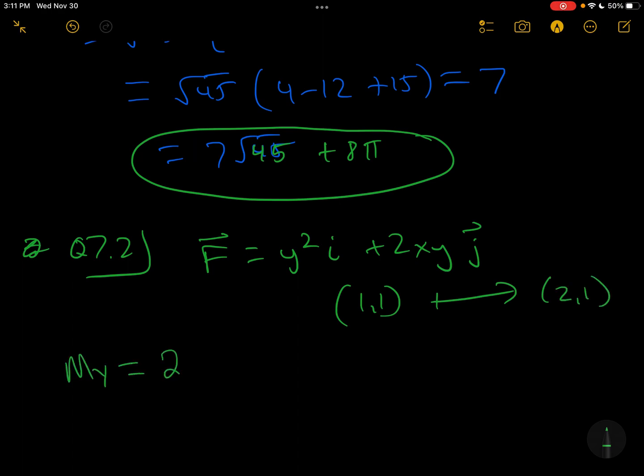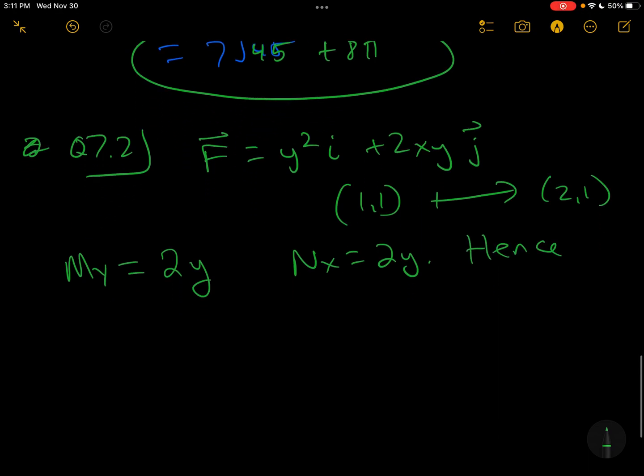My is 2y. Nx is 2y. Hence, f is conservative.